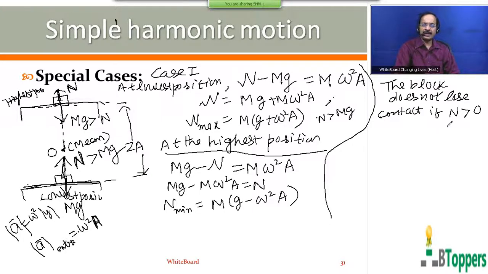So the magnitude of the normal reaction on the block will be greater than 0 at all the instants if the minimum value of normal reaction at the highest position is greater than 0. That means this should be greater than 0. That is possible when omega square A is less than g.